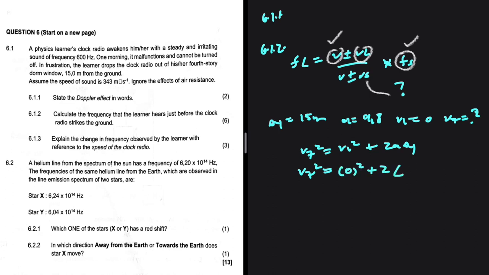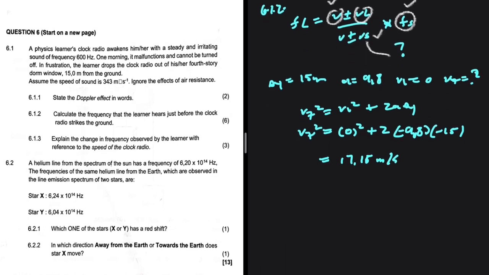Let's take up as positive, so our acceleration will be minus 9.8 and delta Y will be minus 15. If we take square roots on both sides, we're going to get VF being equal to 17.15 meters per second. And just like that, we have the velocity of the sound source.